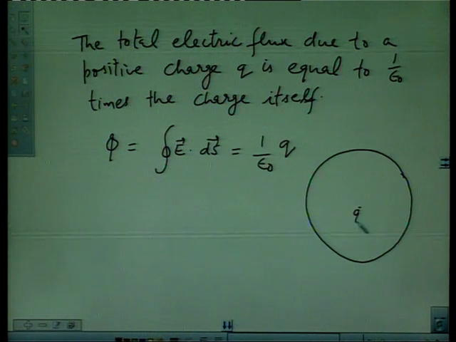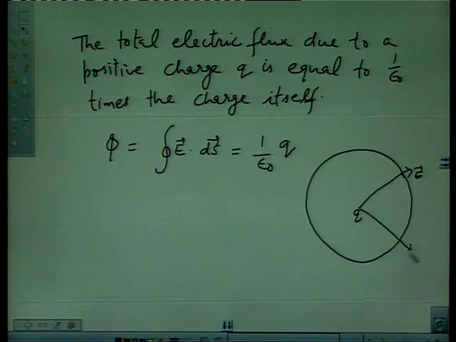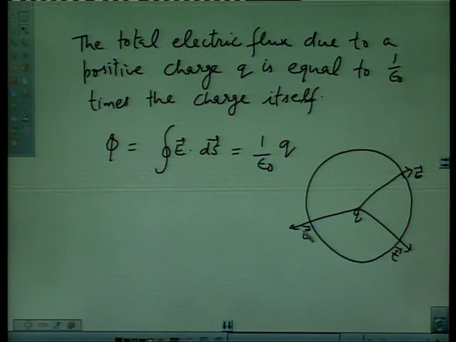The electric field is in the outward direction, and the total number of electric lines of force, which is the electric flux, is given by this value. This is Gauss's theorem.